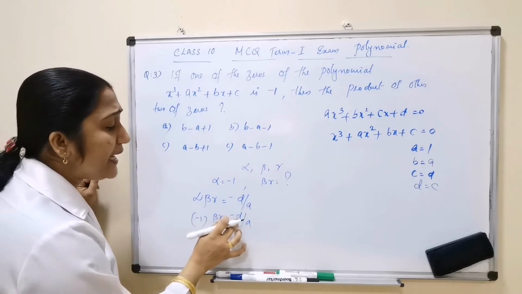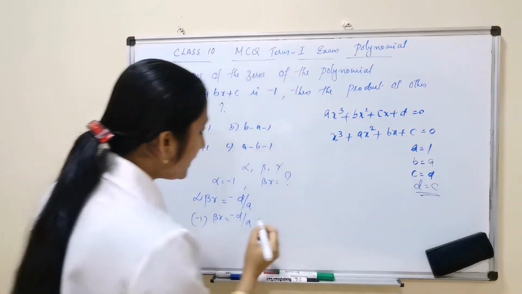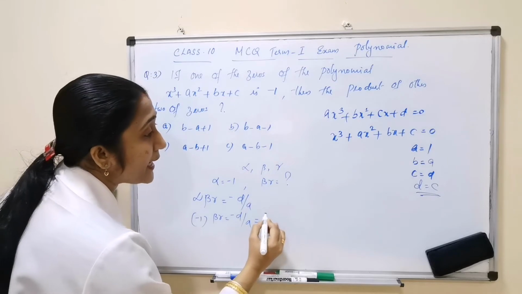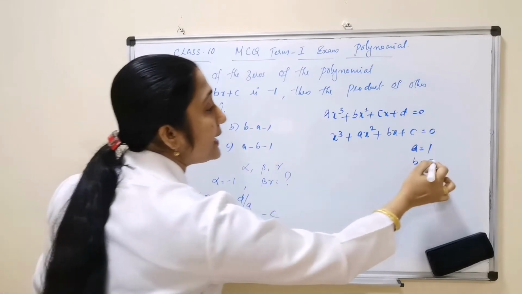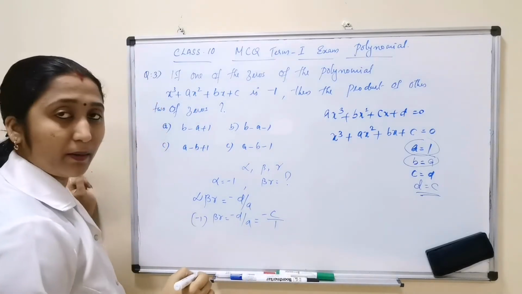What is d here? d is c here. So let us substitute: minus c by a, and a is 1 here, so minus c by 1.